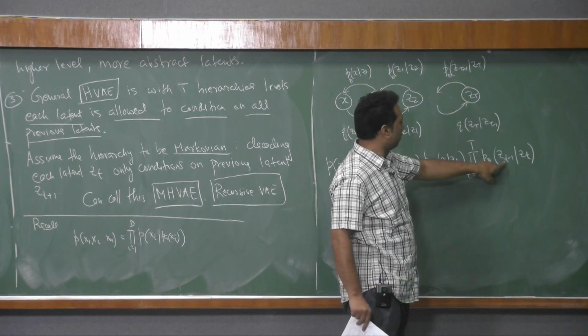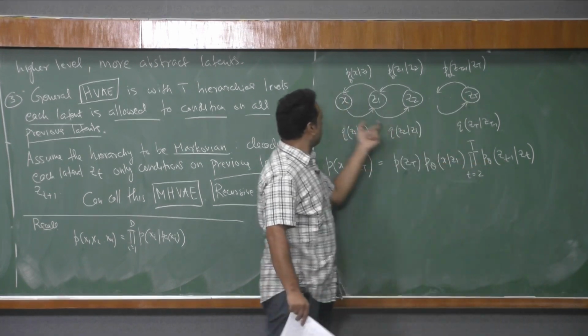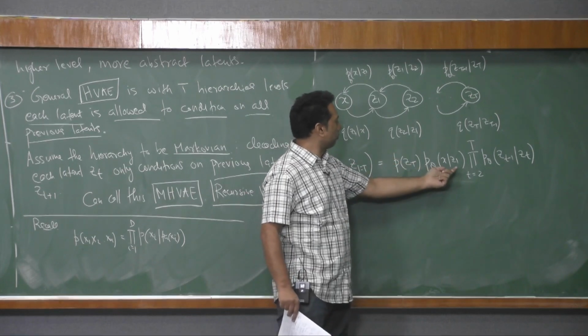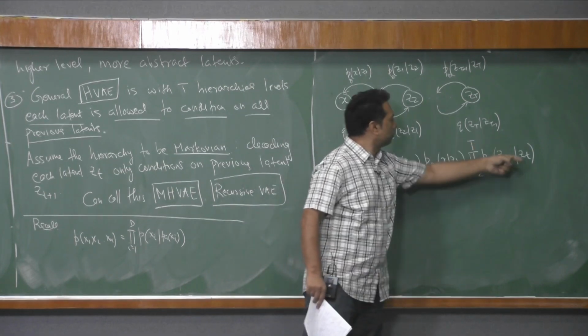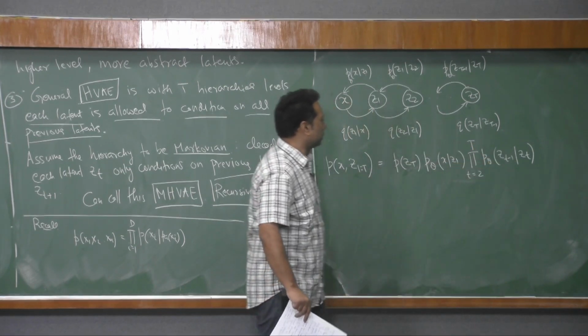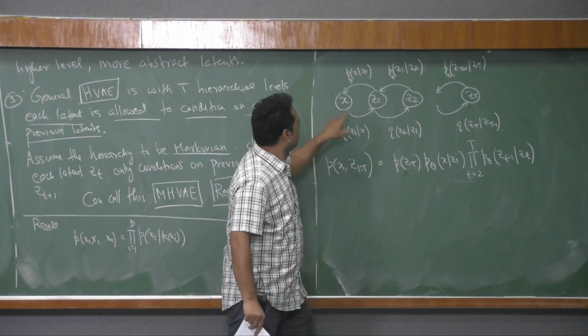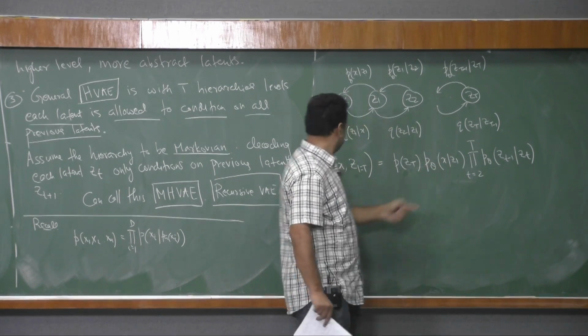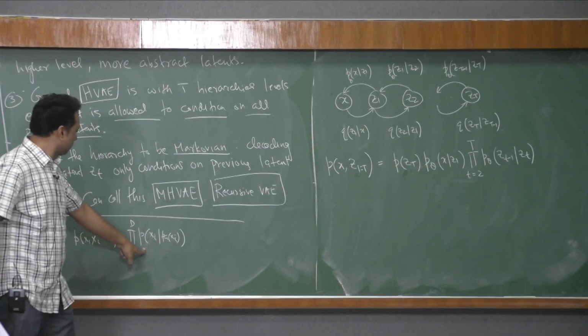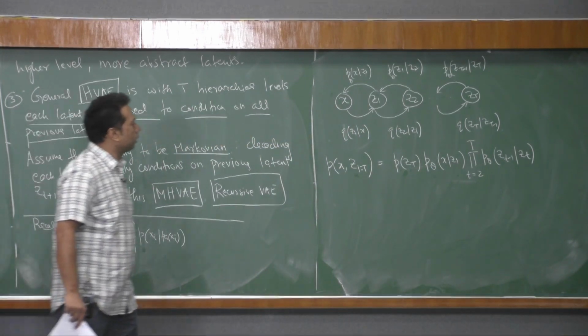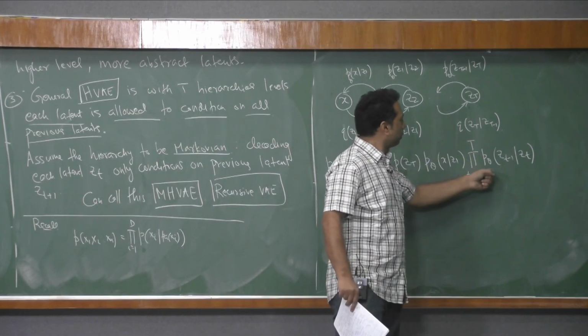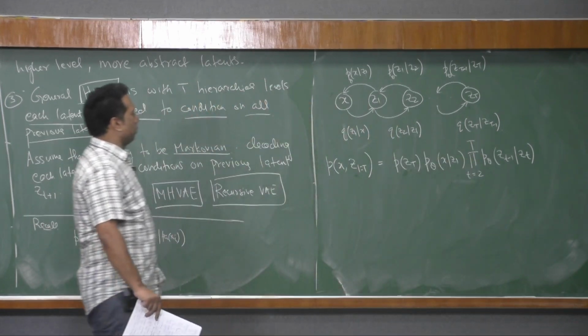So that's the generic way it's written. Only the x term, the last one, is taken out, and the root one is taken out because it doesn't fit in this generic formula, Z_{t-1} given Z_t. So only the first and the last one are taken out from the product, and the remaining we keep in this product form.